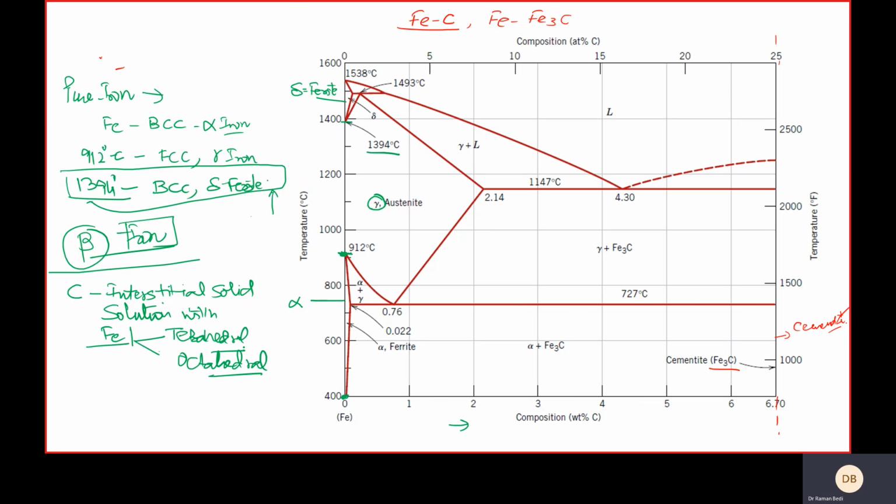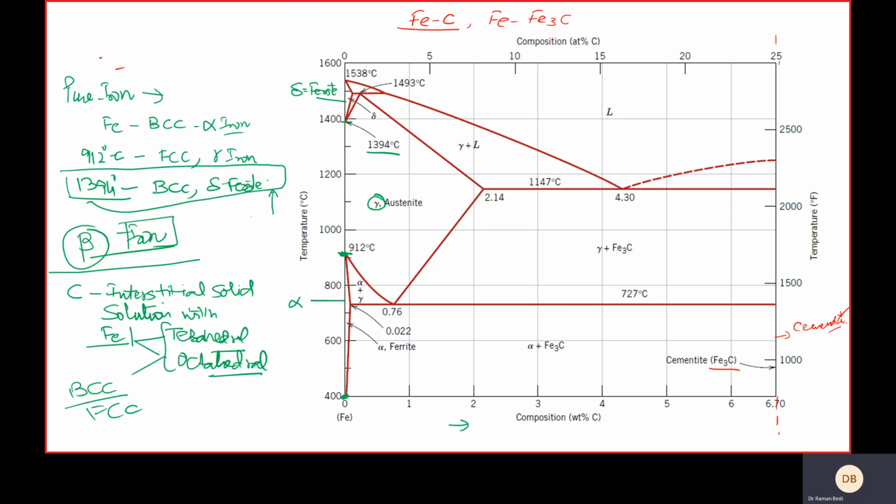We have already seen the size of the octahedral voids and the size of the tetrahedral voids in the case of BCC as well as FCC structure. So we already know that. And we have explained already that what controls the maximum solubility of carbon in pure iron happens to be the interstitial types and the size of the interstitial spaces.